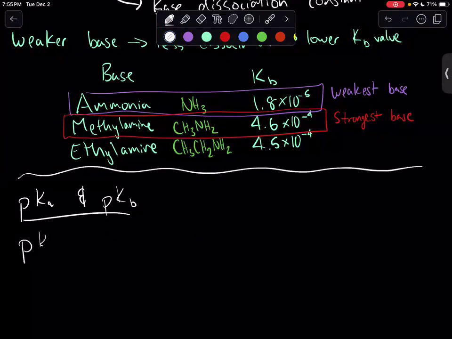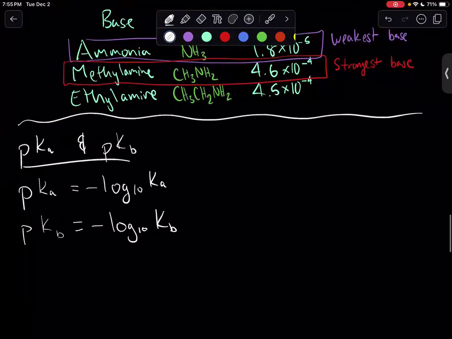So pKa has the equation, the negative log base 10 of Ka. pKb has the equation negative log base 10 of Kb. You'll notice they're exactly the same as the equations for pH and pOH. We're now just using the dissociation constants.